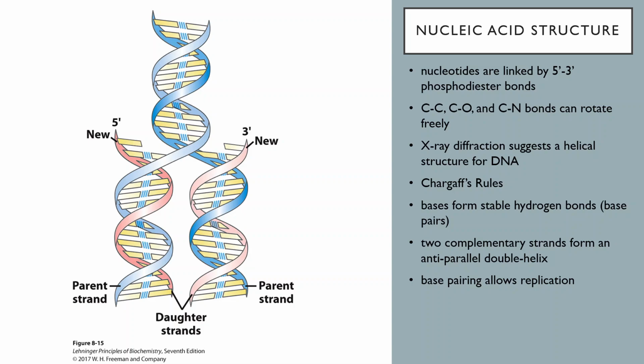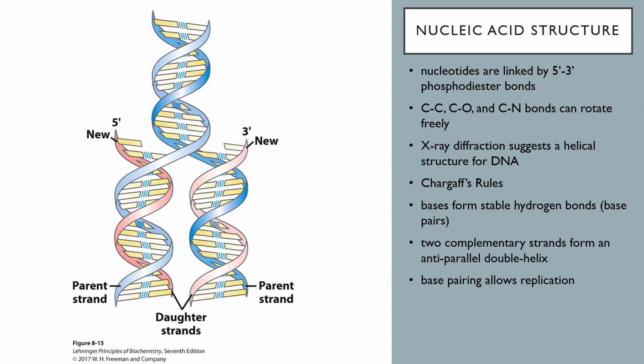It has to be able to encode the information necessary for making proteins and therefore carrying out the functions of the cell. And it has to be able to be copied in the process of replication, because when cells divide, each daughter cell has to have a complete copy of its genetic code. And when an individual produces offspring, the offspring also have to have a complete copy of the parent's DNA in order to keep the DNA propagating.